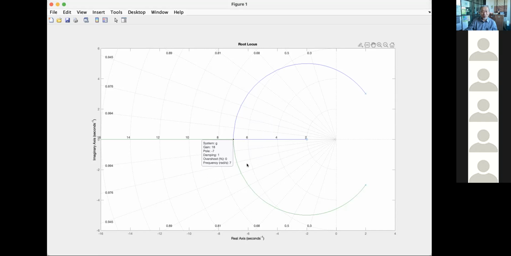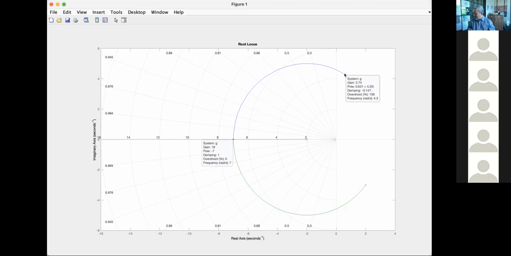Okay, minus 7. And what is the crossing of the root locus with the imaginary axis? Leong? Leong is not here. Liana Camelia? Not here.